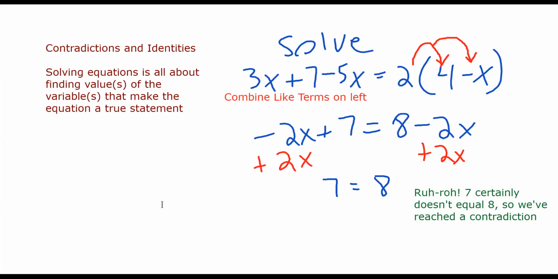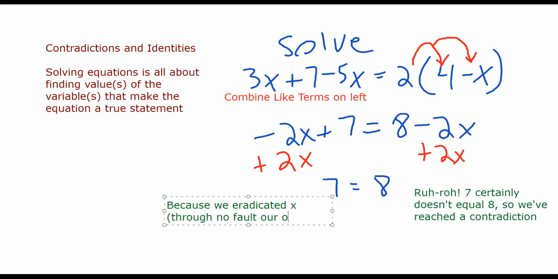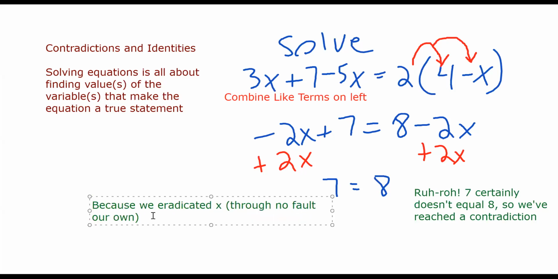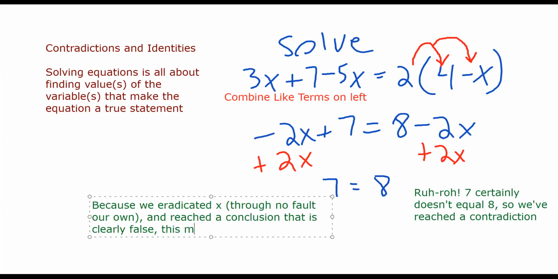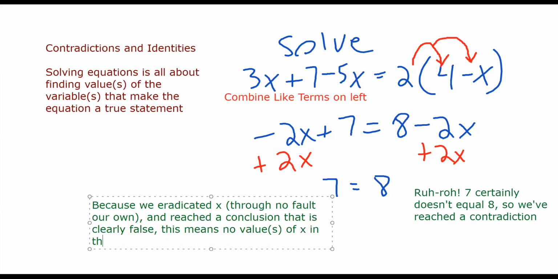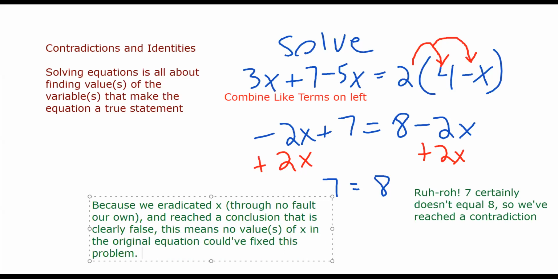So here's the skinny. Because we eradicated x through no fault of our own, it wasn't our fault that this was a wild equation that wasn't going to work, and we reached a conclusion that is clearly false. This means no values of x in the original equation could have fixed this problem.